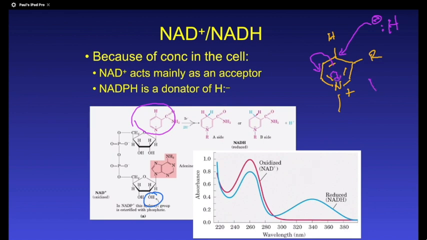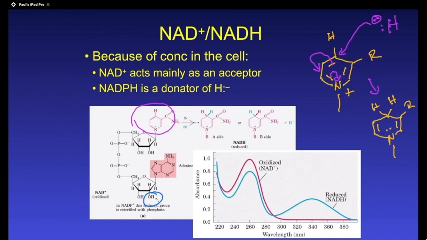I will get an intermediate that looks like this: a 6-membered ring with a nitrogen, a lone pair, a double bond, and 2 hydrogens with an R group. Very stable, in terms of once it accepts that hydride, I was positive, now I'm neutral.